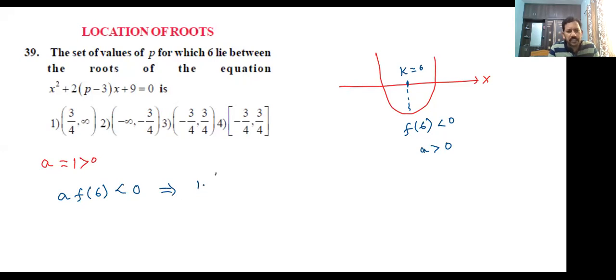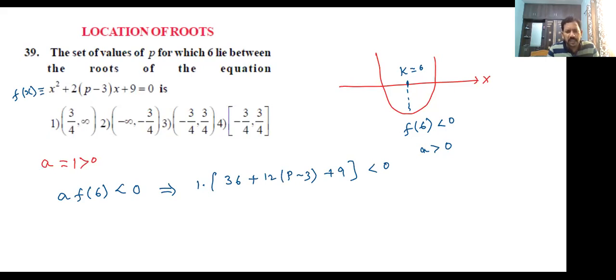F of 6 means, you have to think f of x: 36 plus 6 twos are 12, 12 into p minus 3, plus 9, less than 0.